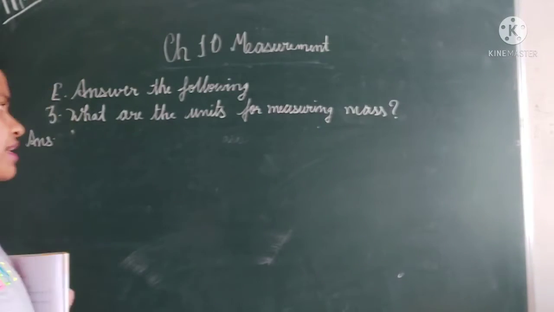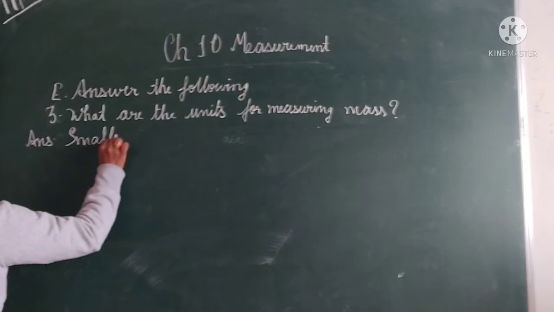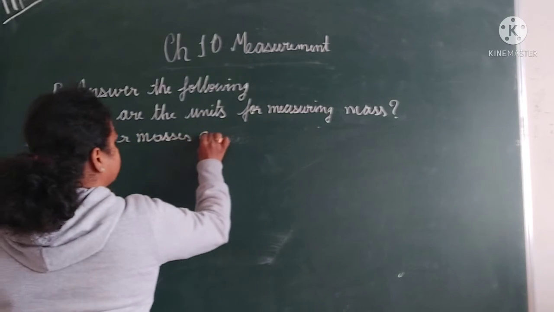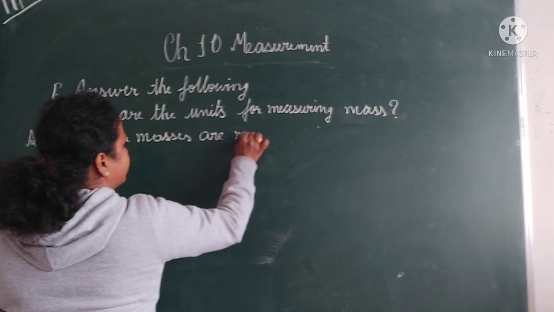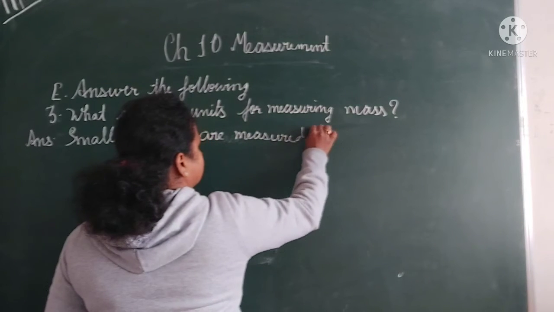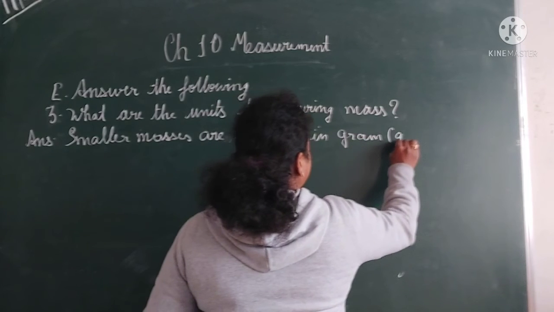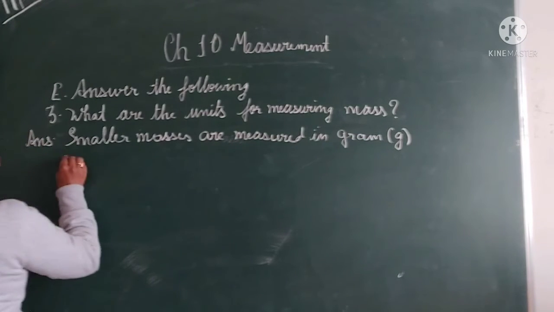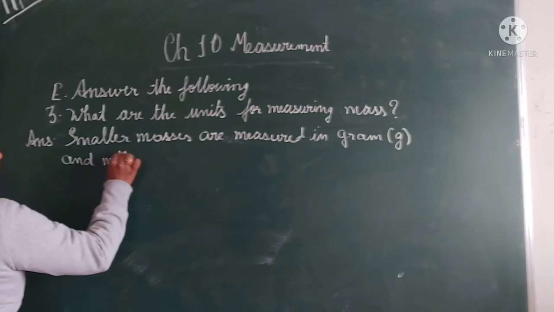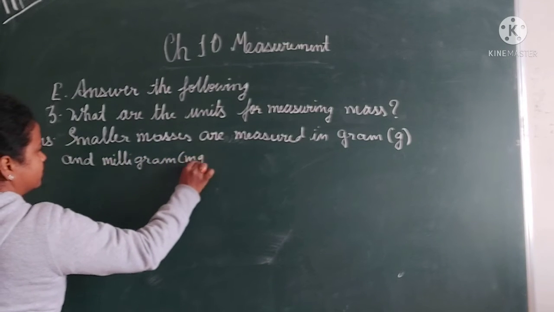The smaller masses are measured in gram, that is g, and milligram, that is mg.